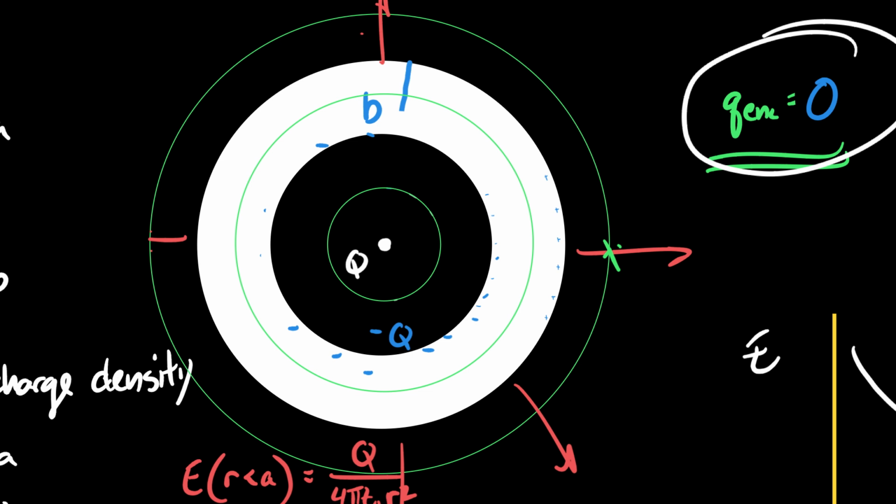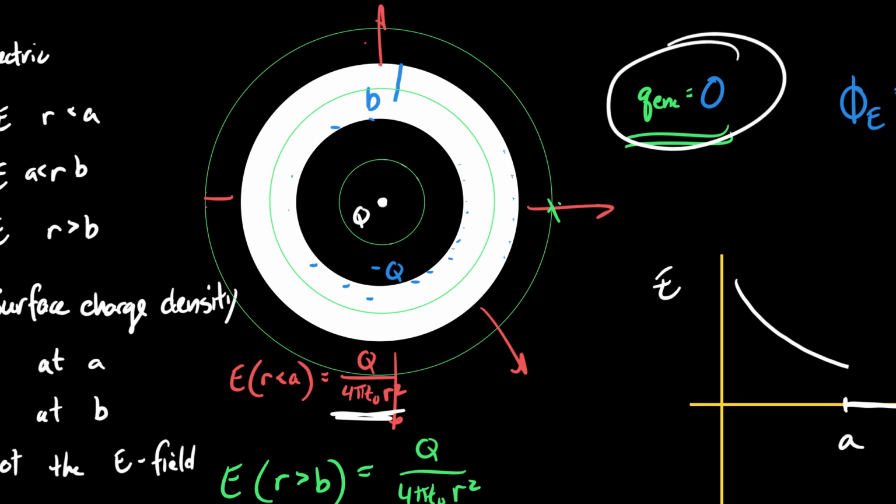We've separated charges in the conductor. In fact, for this surface, the total charge is still Q, but we have separated the charges inside the conductor. So although there's a negative Q on the inside surface of the conductor, what must there be on the outside surface of the conductor? Positive Q.